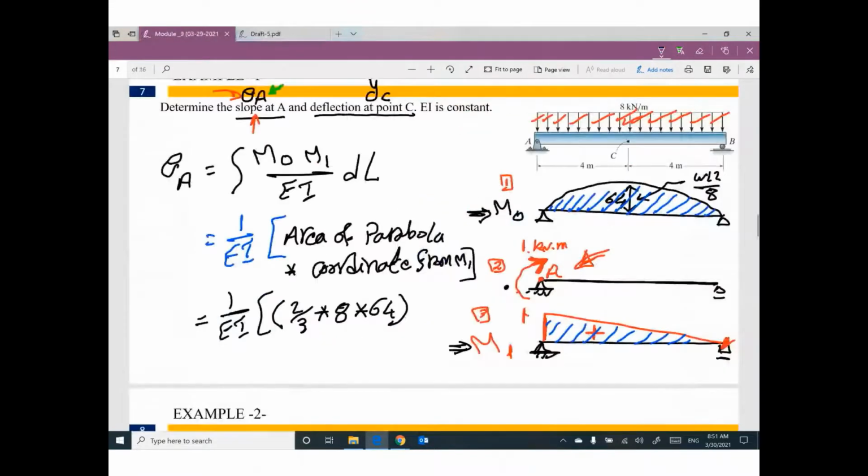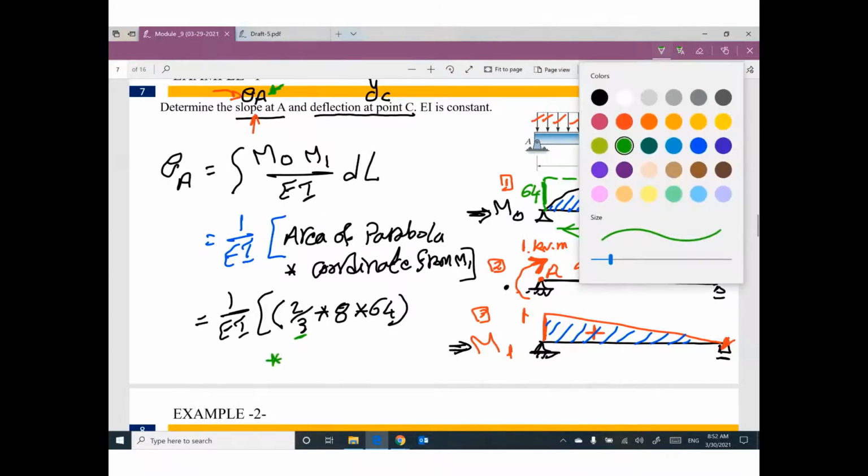So this parabola looks like this inside a rectangle. The length of the rectangle is 8 meters. The height of the rectangle is 64. So the area of the rectangle will be 64 times 8. Because it's a parabola, I multiplied it by 2/3.